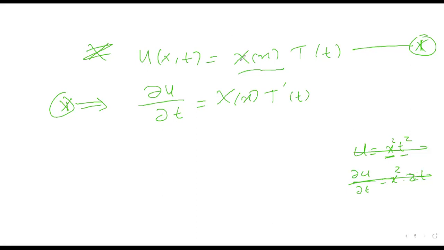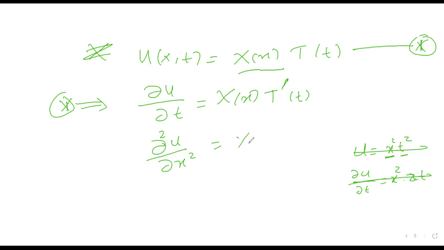Now how about ∂u/∂x? I don't want to use it again; I'm just abbreviating now. So for one differentiation I'm going to take T. If I take 2 times with respect to x, you can check again, but it's not a big problem.